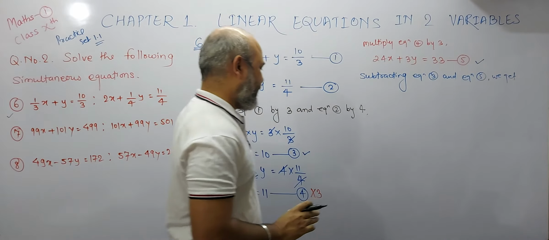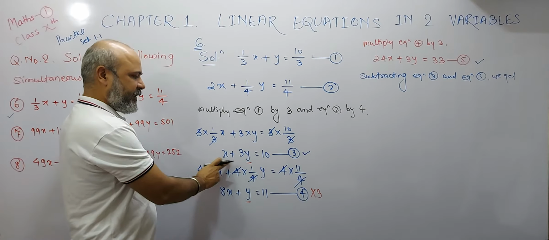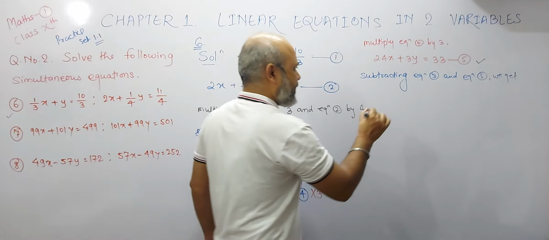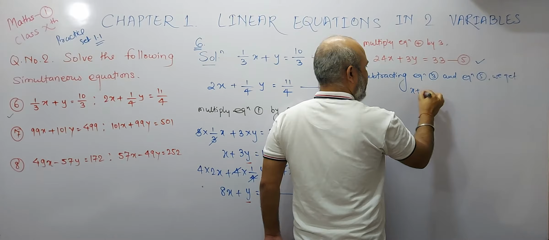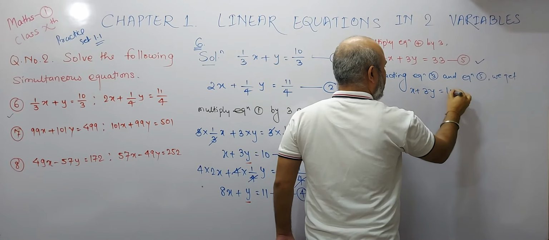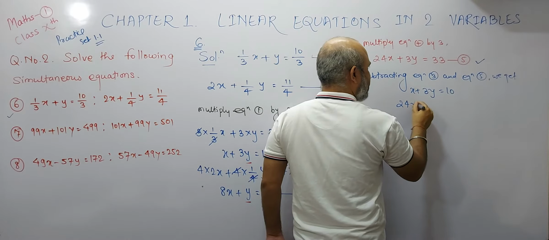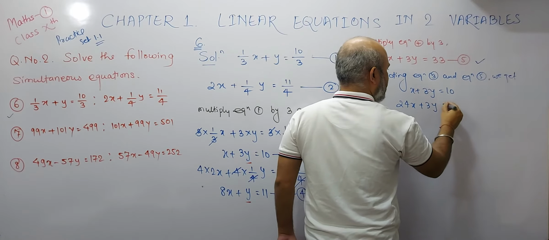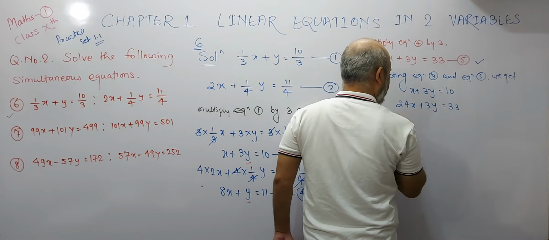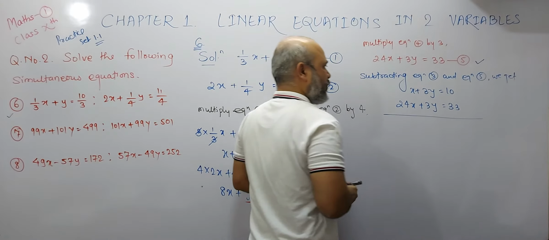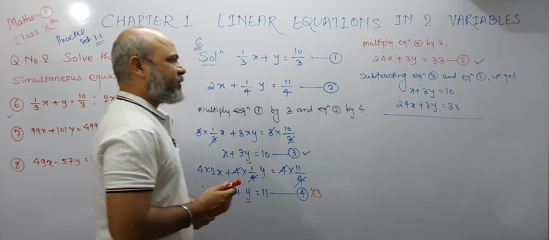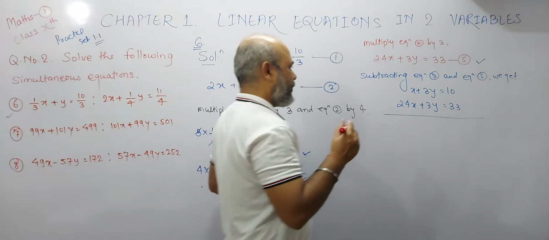So what is equation 3? Equation 3 is x plus 3y is equal to 10, and equation number 5 is 24x plus 3y is equal to 33. While subtracting, all the signs will change.